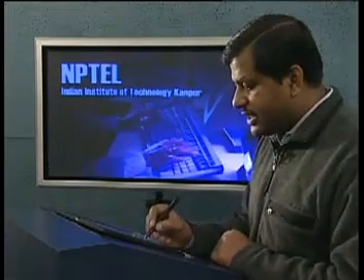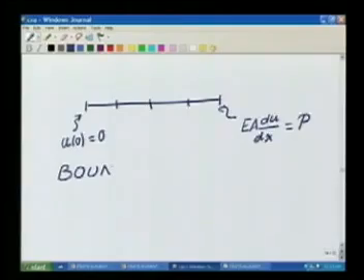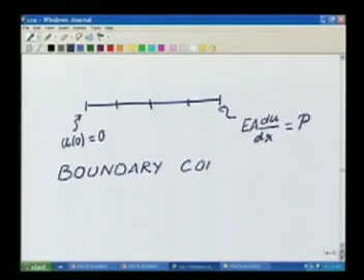So what we do next is called application of boundary conditions. That is, we enforce the conditions at the end x equal to 0 and at the end x equal to L for our problem that we have taken.